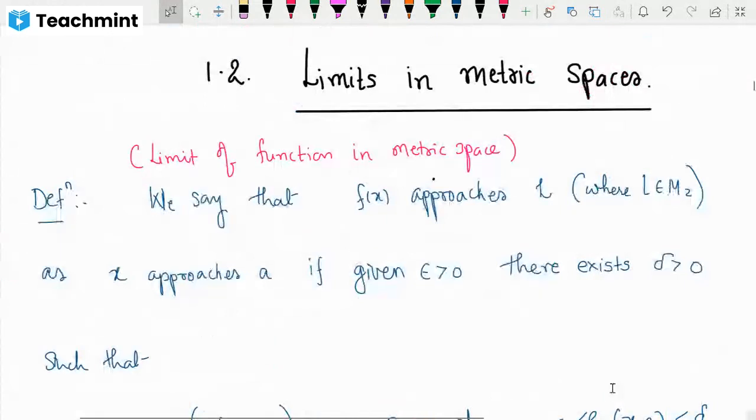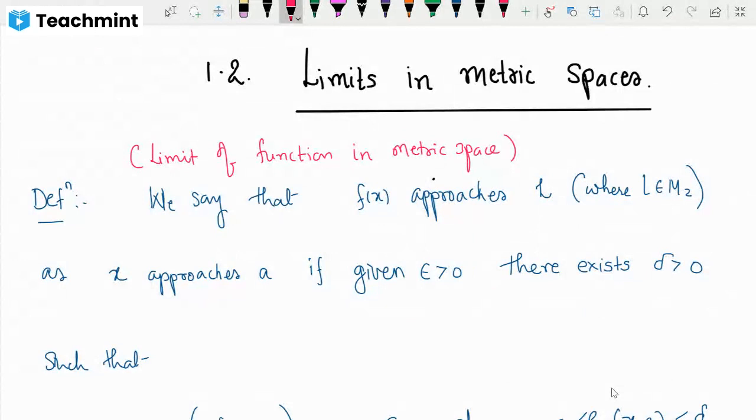So 1.2 is limits in metric spaces. What is the definition of the limit of a function in a metric space? These are the regular definitions, but we will see them in metric spaces. We have seen all these definitions in the set of real numbers. So, the limit of a function in a metric space. We say that f(x) approaches L, where capital L is an element of capital M2.